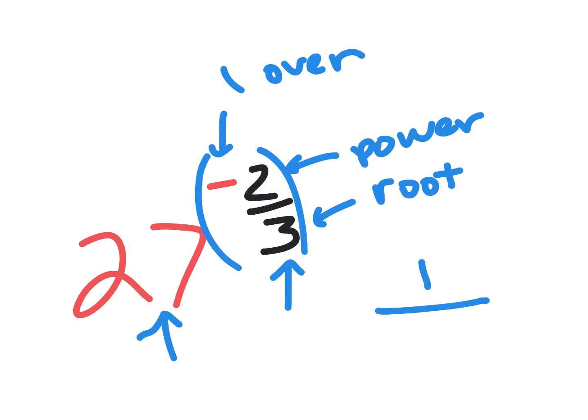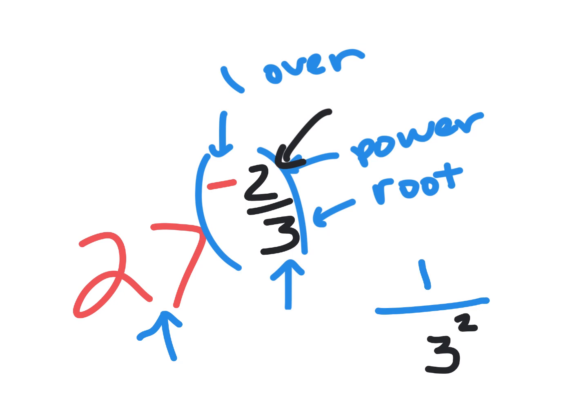Can anybody do that in their head? The 3rd root of 27. 9. Nope, 9 times 9 times 9 is not 27. It's 3. 3 times 3 times 3 is 27. So it's 3, but then you got to power it to the 2. 1 over 3, but powered to the 2.